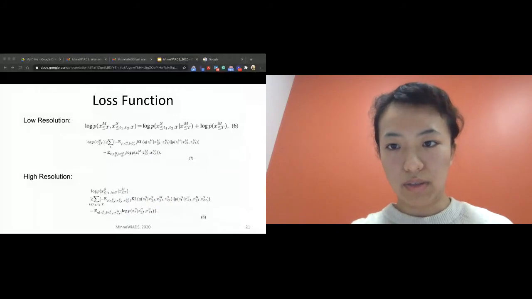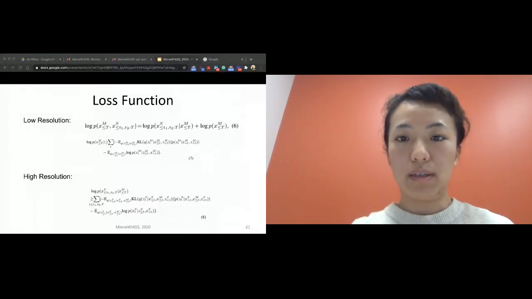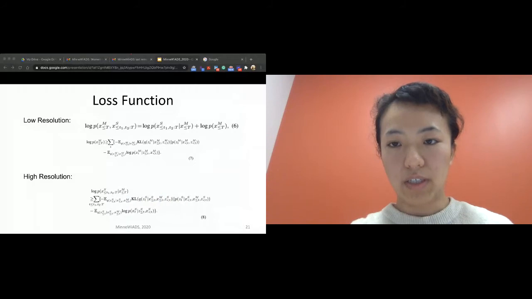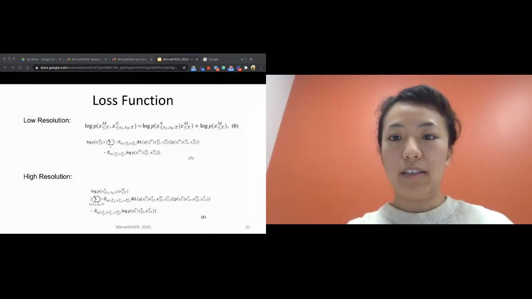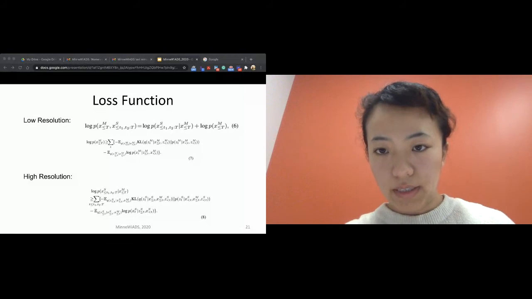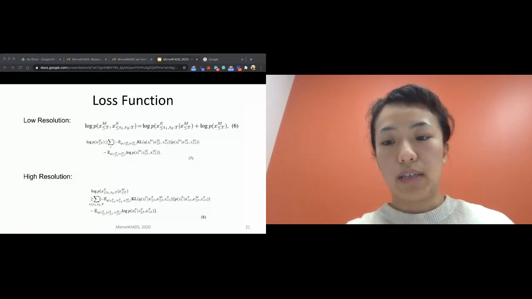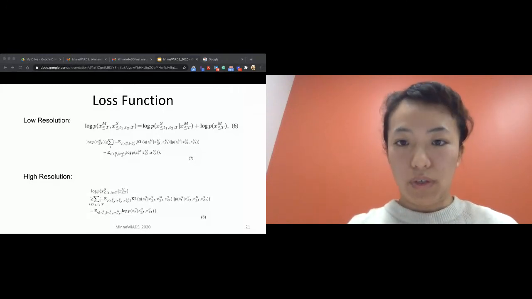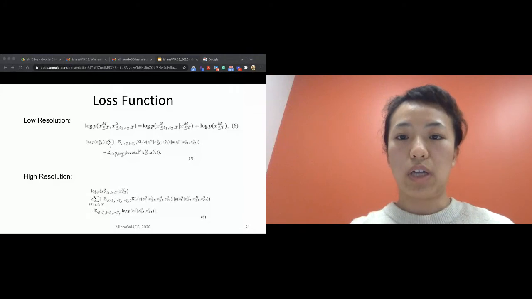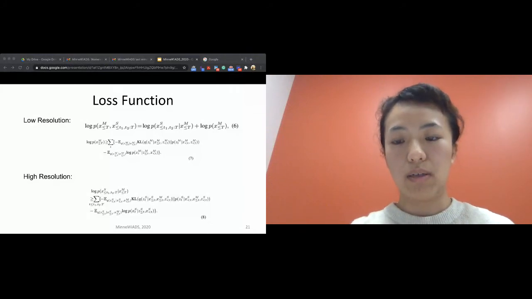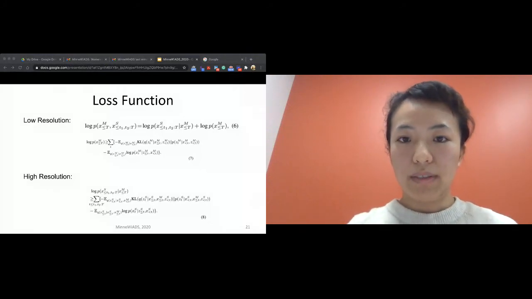So this is the detailed loss function from the variational recurrent neural network. Essentially it has the KL divergence and the expectation over the data. This is also called the ELBO, evidence lower bound.